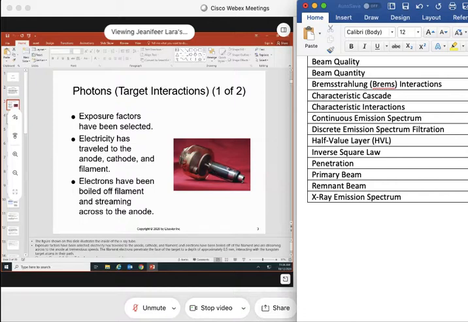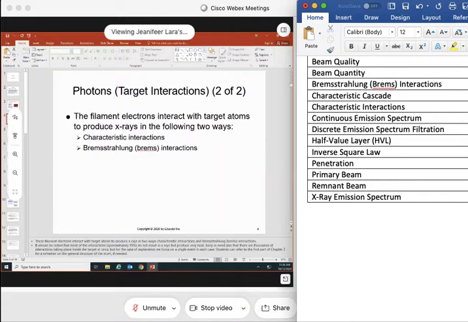Okay? Before I actually get into the interactions, I need you to go back in your understanding. What does ionization mean? What does ionizing mean? Let's go back to terms.